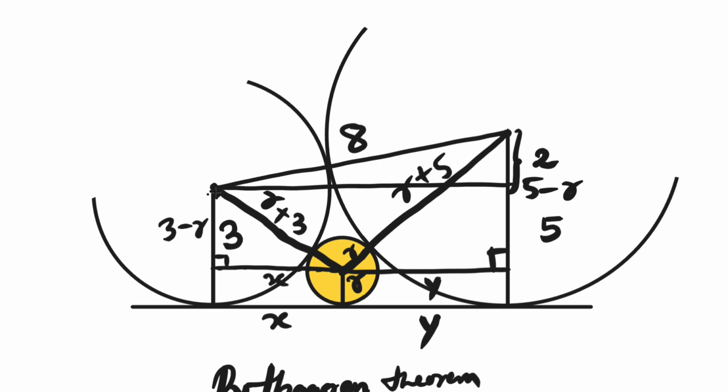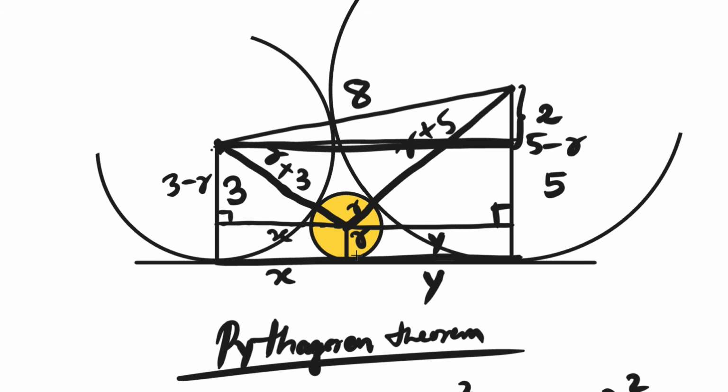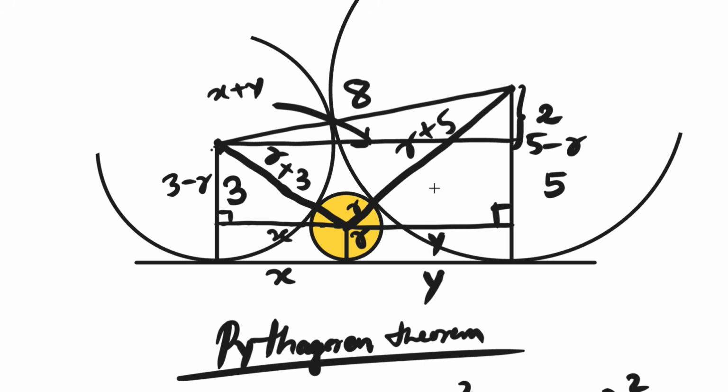The total horizontal distance between the two large circle centers is x plus y, because the small circle lies between them. So now we can form one larger right triangle. Its horizontal leg is x plus y, its vertical leg is 2, and its hypotenuse is 8.